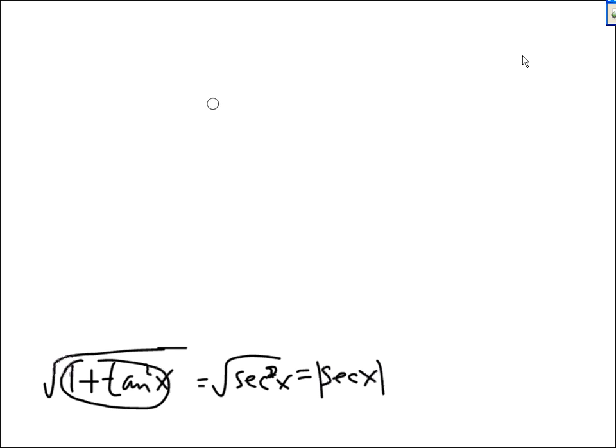So, what we know at this point is the following. It's going to be the double integral of the absolute value of secant x, dx dy.